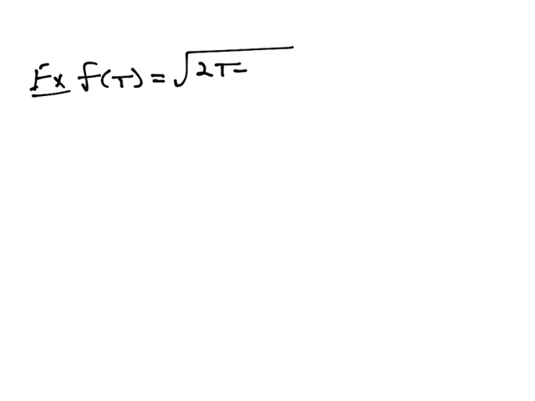Okay? If we have square roots, say f of t was the square root of 2t minus 7, a lovely function, but we want to talk about its domain, what numbers we can legally plug in, what numbers we have to avoid. So if we look at the domain of this function, we have a square root.